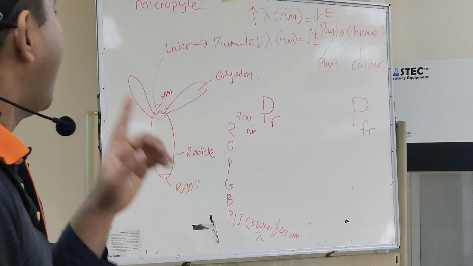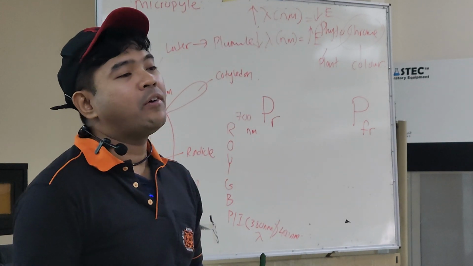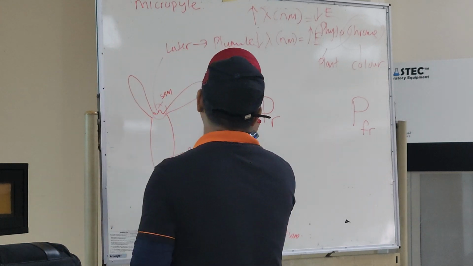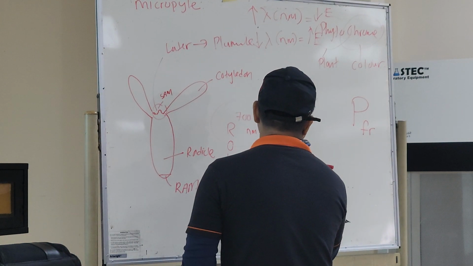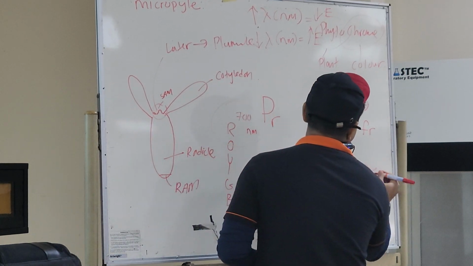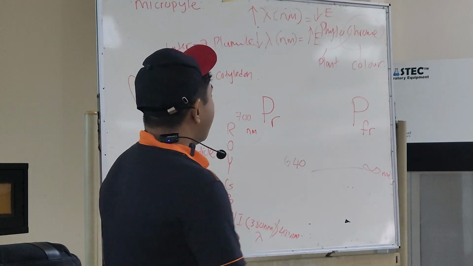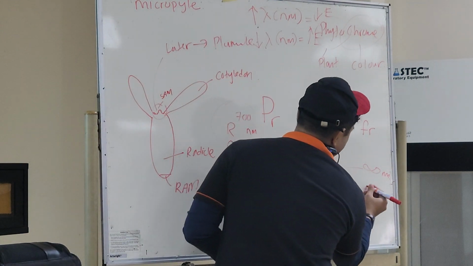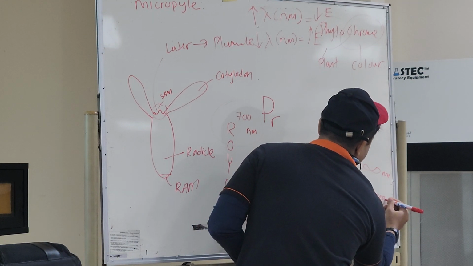Okay, I don't want to talk too much about the whole spectrum of color. I just want to highlight this red thing. So the color red starts from about 740 until whatever nanometer. As you go to this side, it gets deeper red.